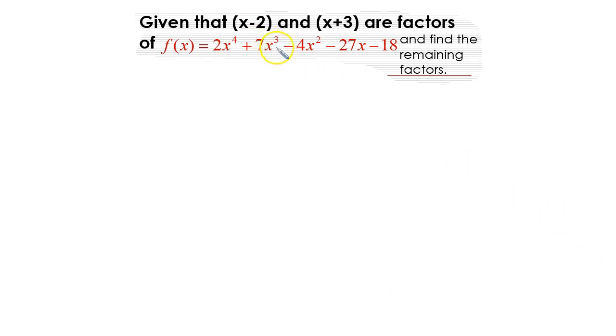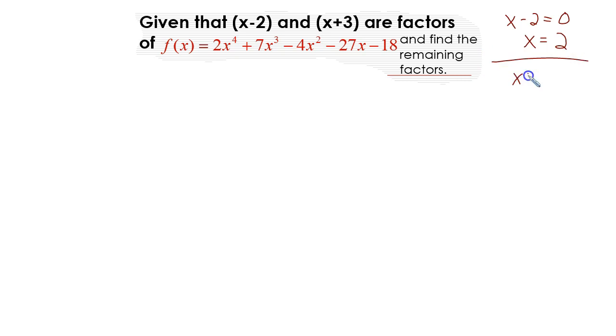All right, we're going to crank up the difficulty just a little bit. Given that x minus 2 and x plus 3 are factors of this polynomial, I want to find the remaining factors. So here we know that x plus 2 is a factor. I'm sorry, I said that wrong. We know that x minus 2 is a factor, which means that we hopefully know that 2 is a solution or a root.